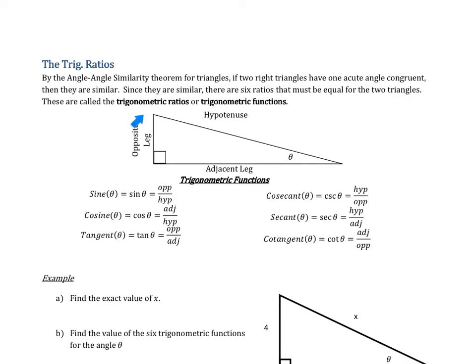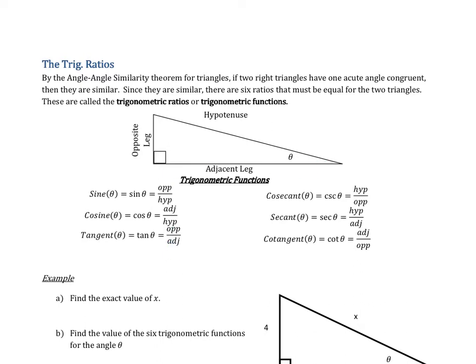And so when we have a right triangle and some angle theta like that 22, we're going to define the sine to be the ratio of this opposite leg, opposite meaning it's all the way on the other side, over the hypotenuse. Cosine is going to be the adjacent leg over the hypotenuse. Whatever that length is, the tangent is the opposite over adjacent.